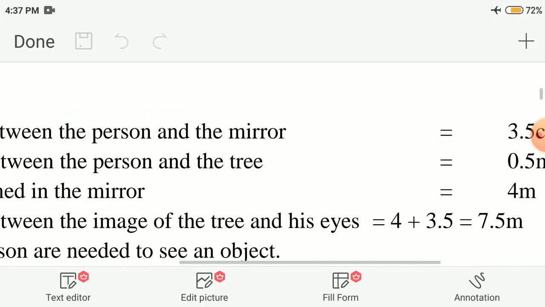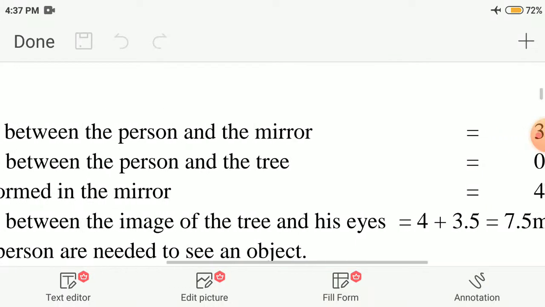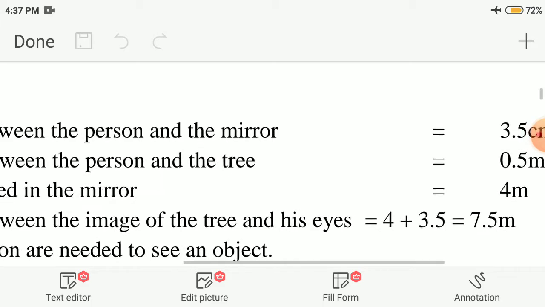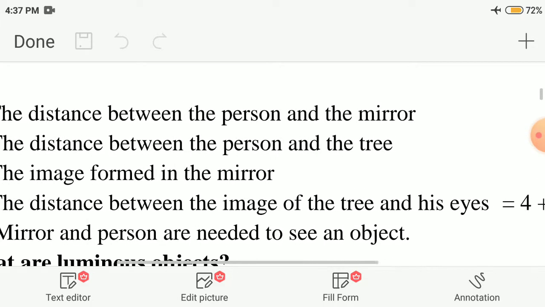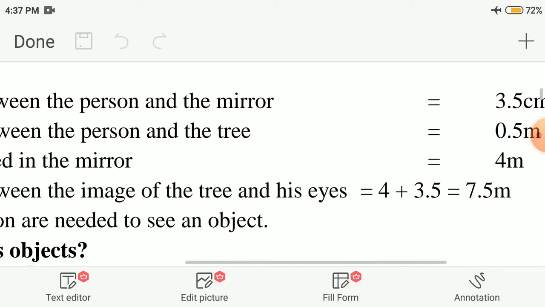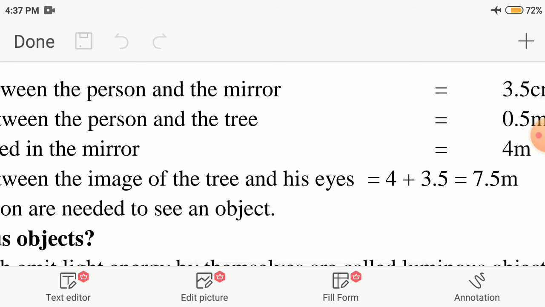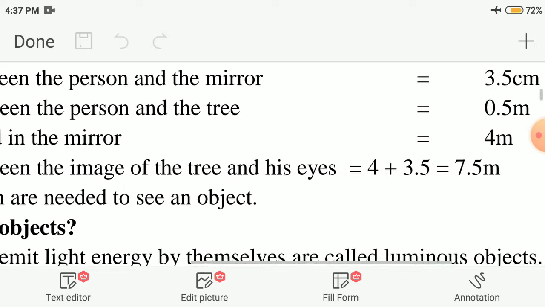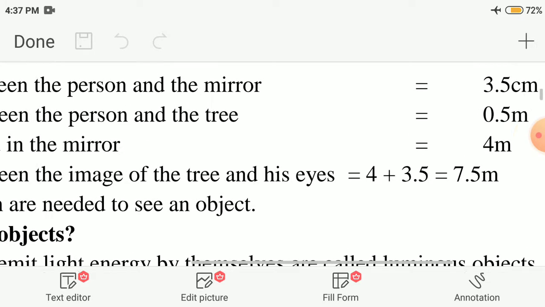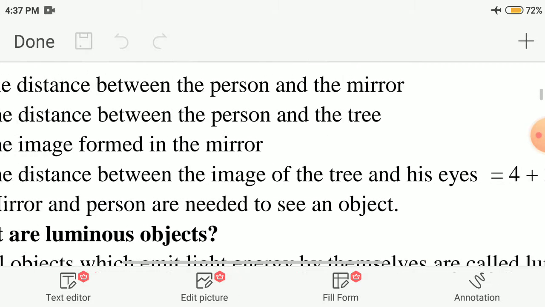Person and mirror 3.5 meter, person and tree 0.5 meter, the image formed in the mirror 4 meter. So 4 plus 3.5 equals 7.5 meter.